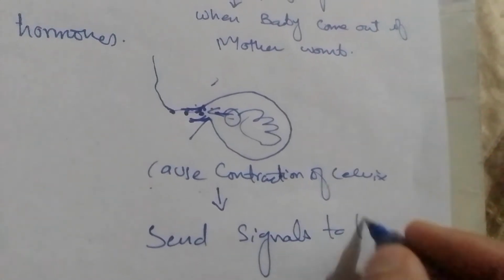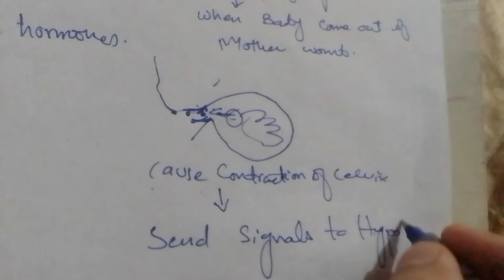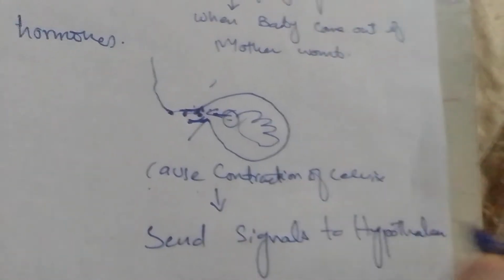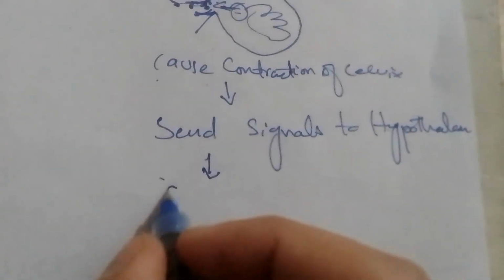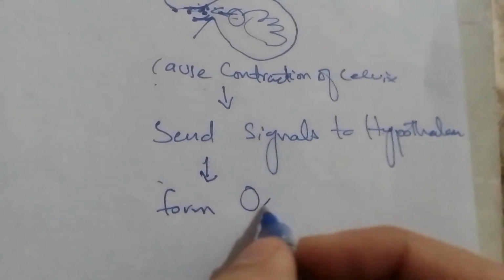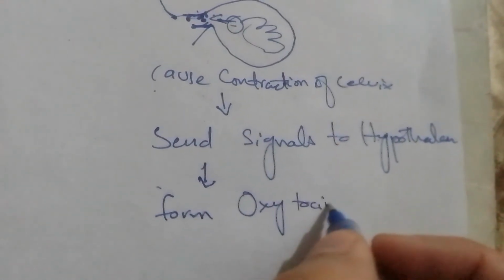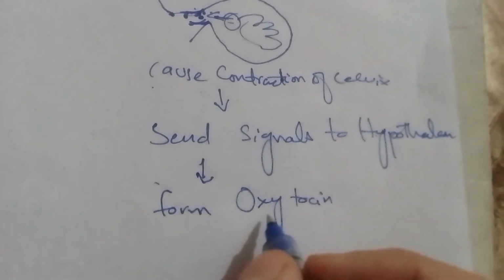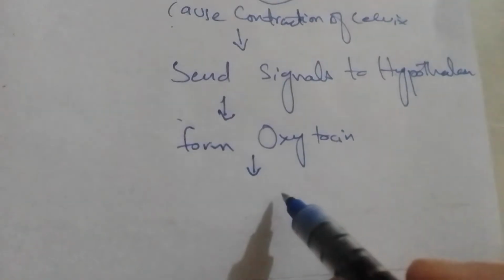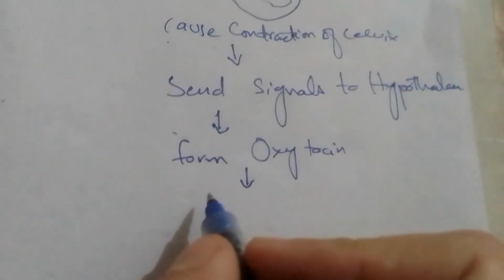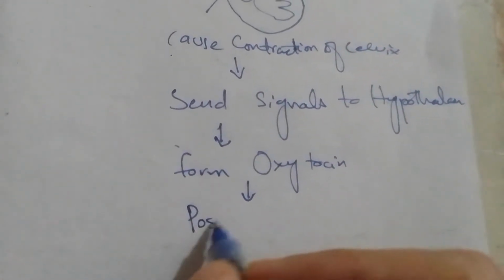Sorry, it is written wrong. It is not send signals to the hypothalamus, it sends signals to the posterior pituitary, as the oxytocin is stored there, and oxytocin synthesis takes place in the hypothalamus. So this is written wrong. The hypothalamus sends signals to the posterior pituitary.